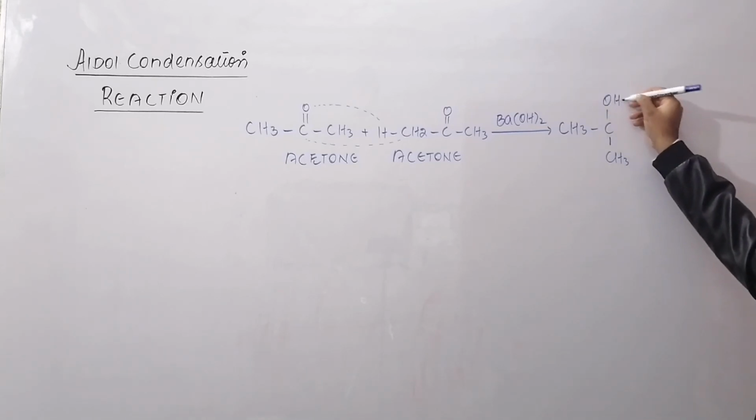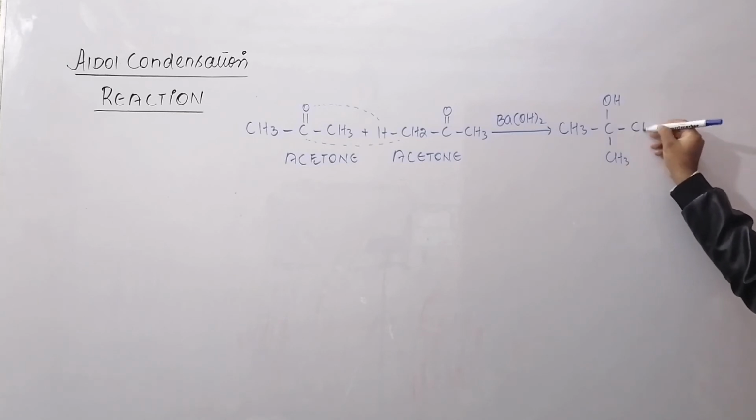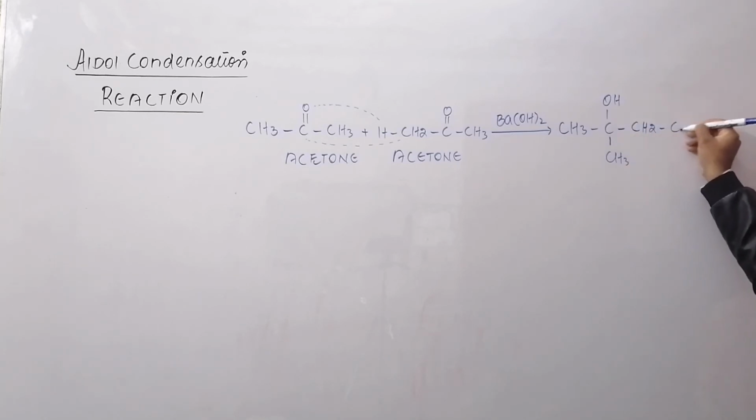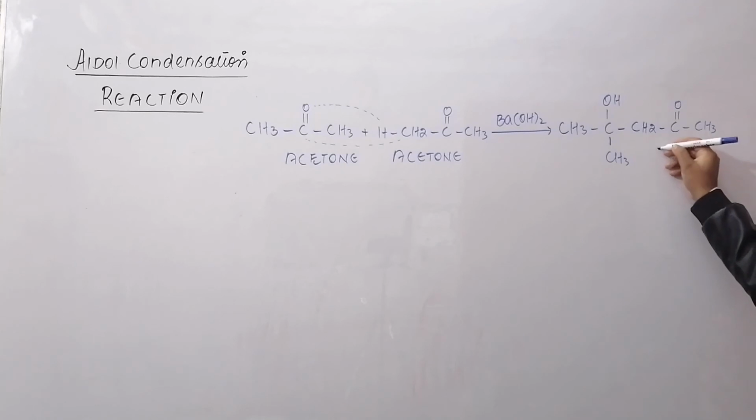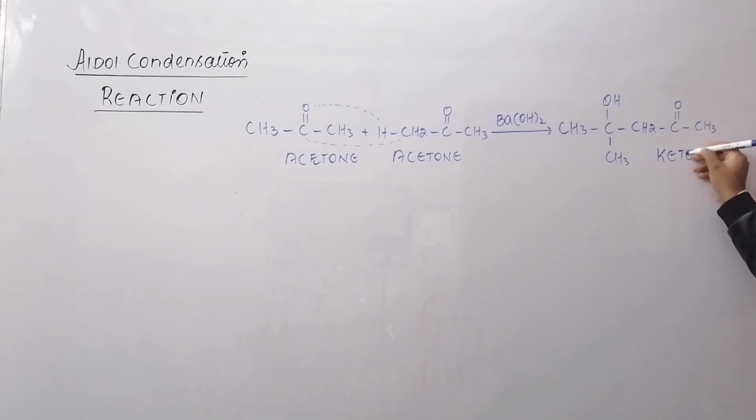Here will be OH, CH2, C double bond O, CH3. And dear students, this one is now a ketol, because this compound has two functional groups, the keto group and the alcoholic group.